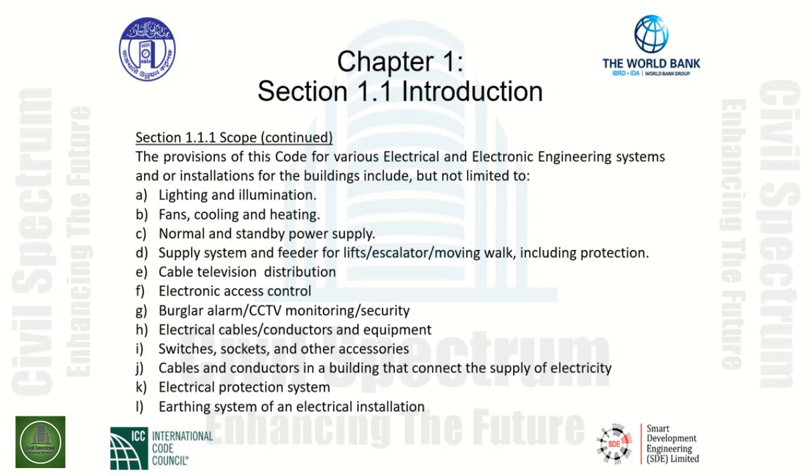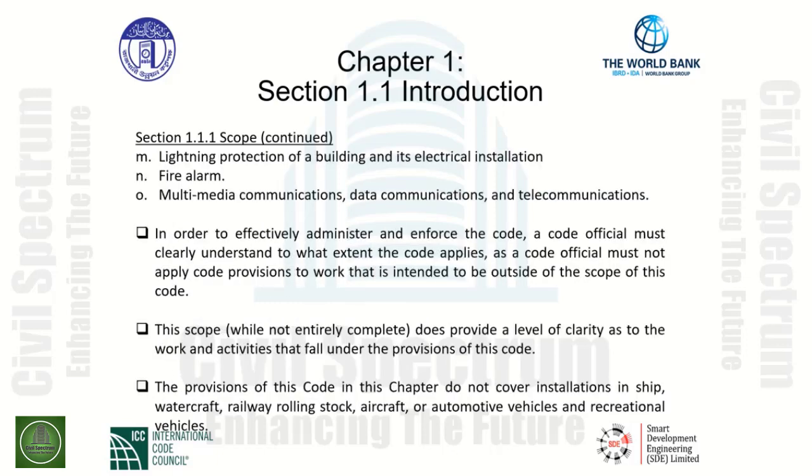Item K, electrical protection system. And last, item L, earthing system of an electrical installation. Continuing from the list, item M, lightning protection of a building and its electrical installation.